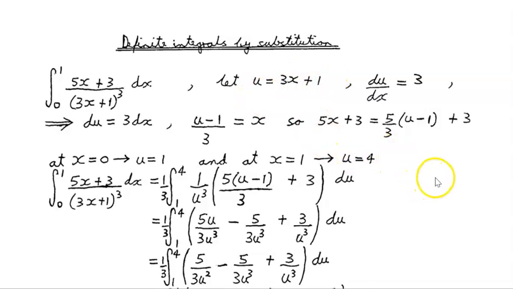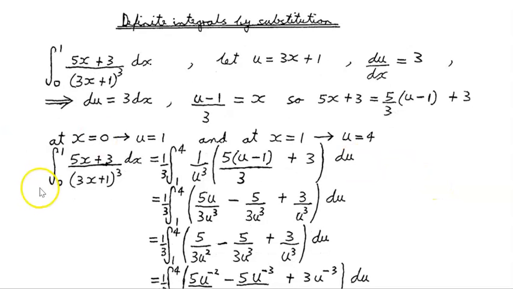Okay, let's have a look at our integral now. The integral from 0 to 1 of (5x plus 3) on (3x plus 1) to the power of 3 dx is 1 on 3 times 1 on u cubed, and then the 5x plus 3 is replaced by 5 on 3 times (u minus 1) plus 3.